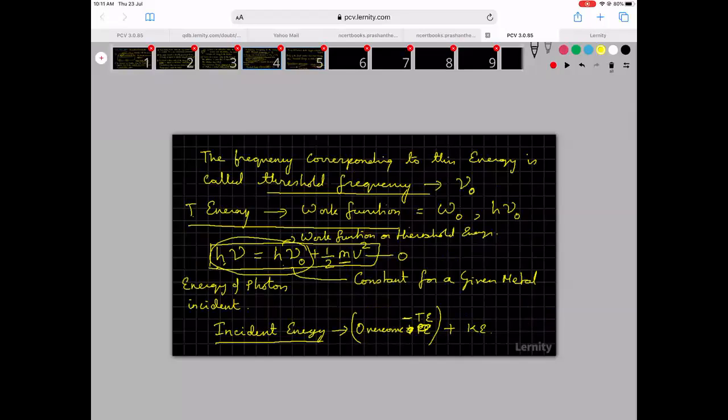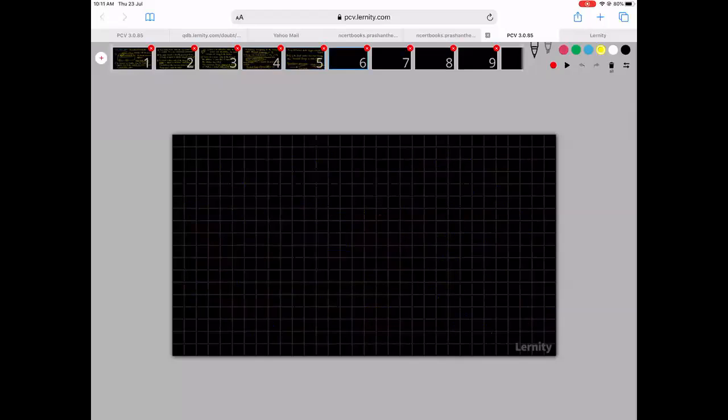Now, greater the intensity means more photons, and more photons means more interactions.